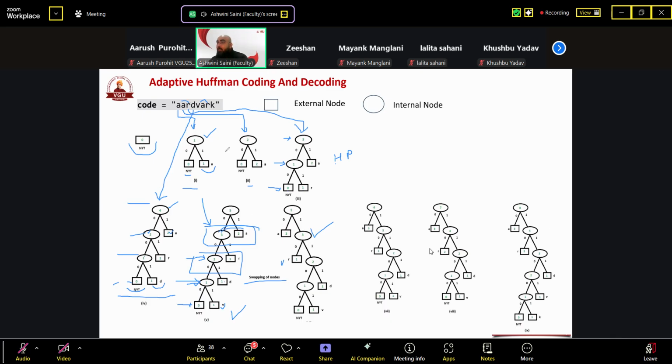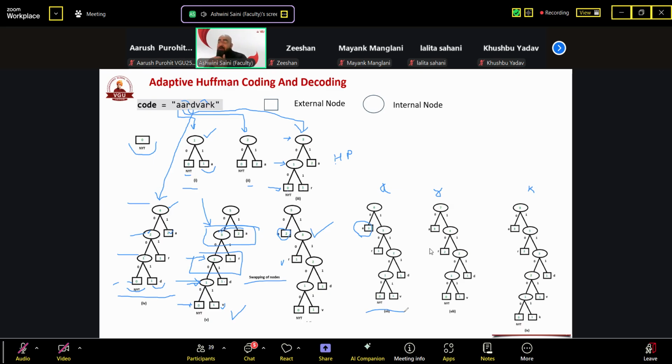So next is A. We are using this tab for A and this tab for R and this tab for K. So where is A? A had initially weight 2. Now we are updating the weight of A to 3. And after updating the weight, we are checking is there any issue?